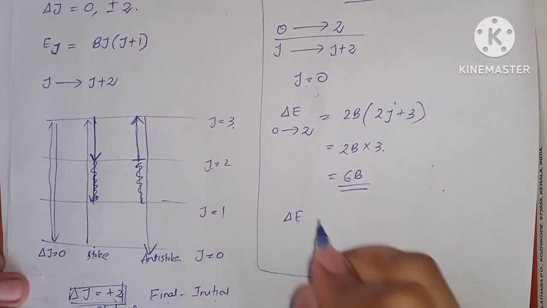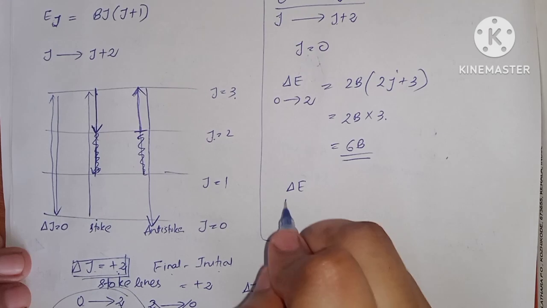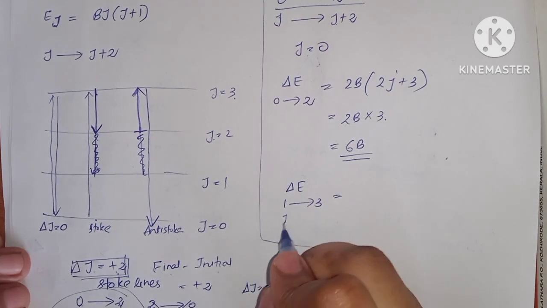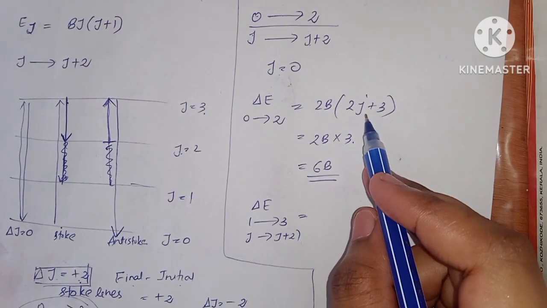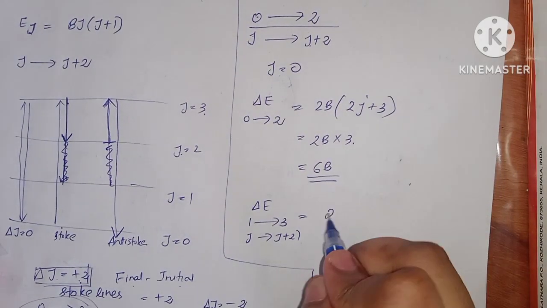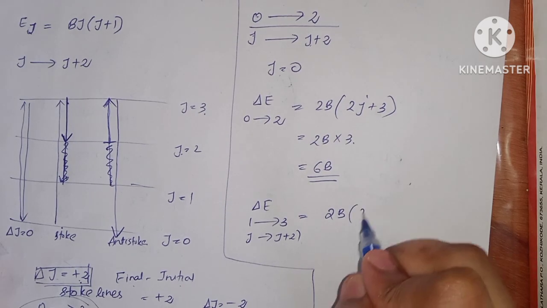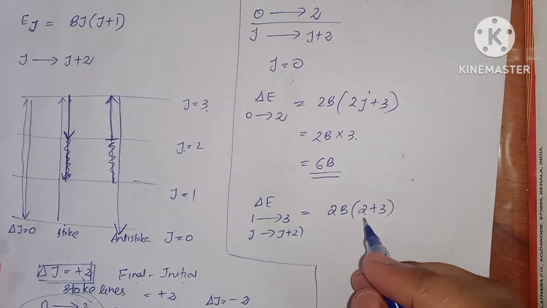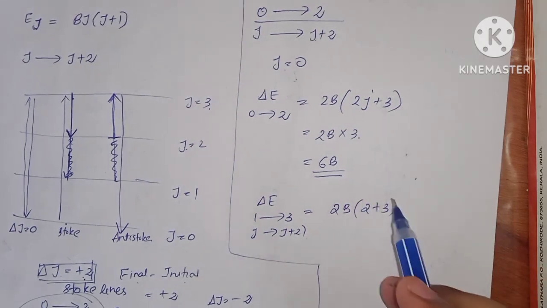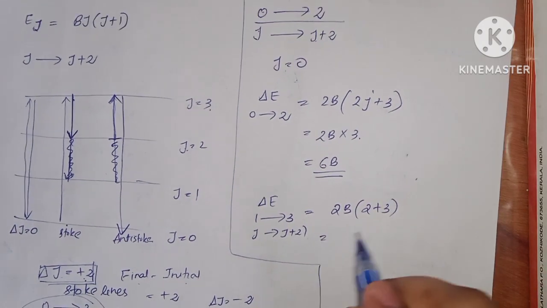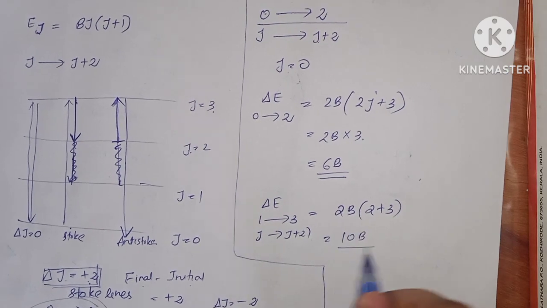Like that we will find delta E for 1 to 3, so J to J plus 2. J means 1, so in the place of J we put 1. We will get 2B into 2 plus 3, that is 10B.